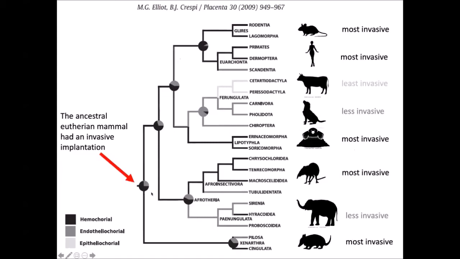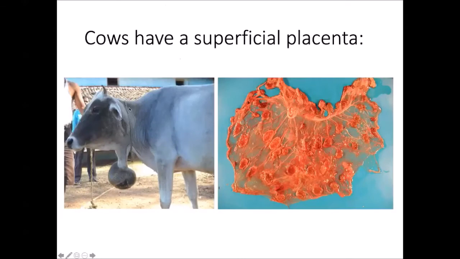The maximum likelihood estimates are that, with 75% posterior probability, the ancestor of placental mammals probably had the most invasive form of placentation, namely hemochorial. Yet cows have a superficial placentation. So when did this happen?